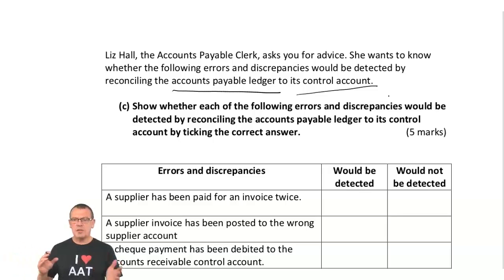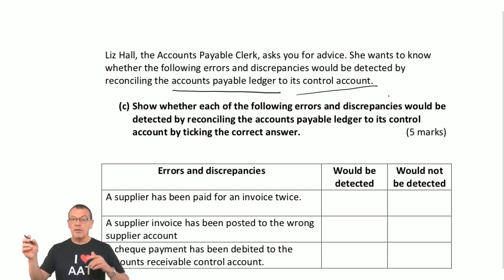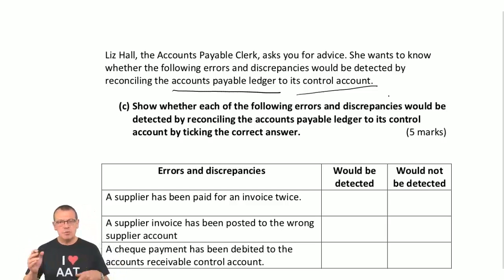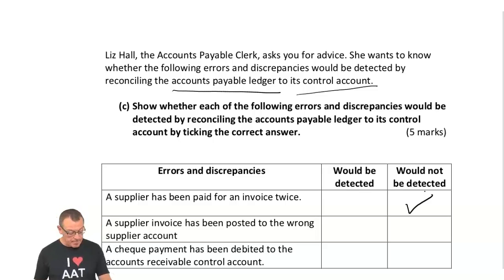The accounts will still balance, because the debits will still equal the credits. There is nothing untoward. They haven't both been posted on the same side. So would that be detected? That would not be detected. So, no, that's the first answer.